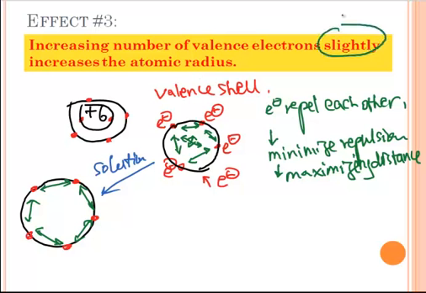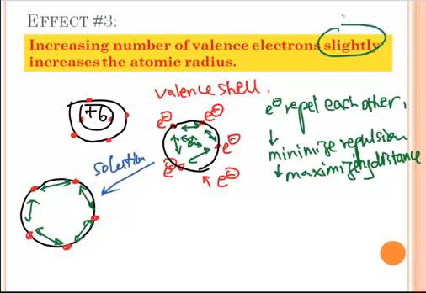Then you combine those effects to see which one is the dominating factor determining the size of the atom, the radius. Okay, so let's put this into practice.